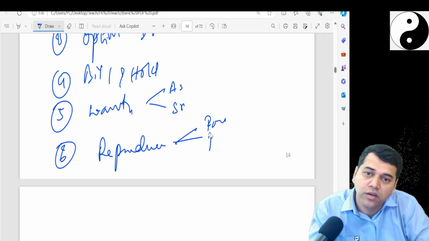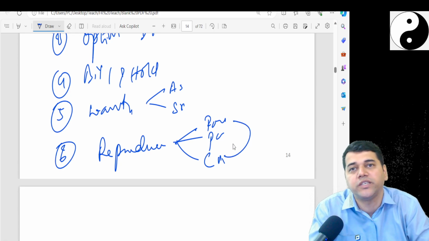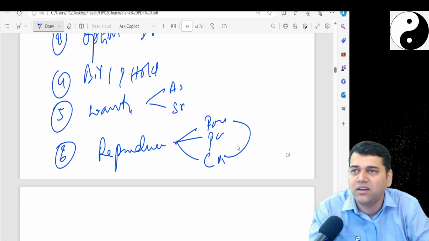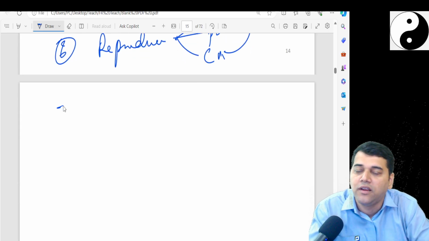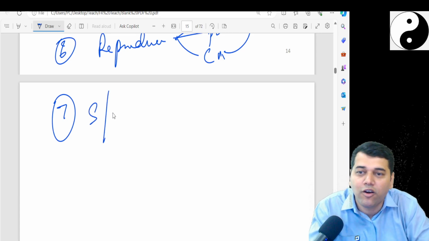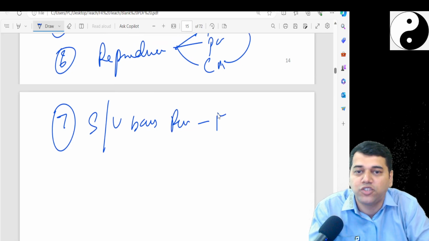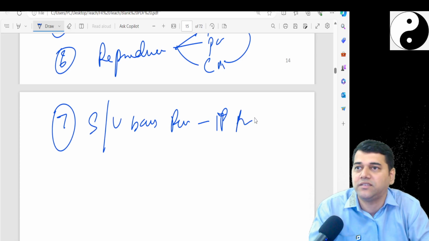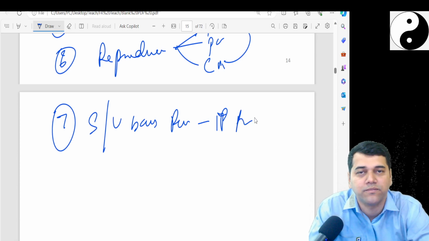Forward, put option, call option. Where call option and put option either is a lease or financing. Put option depends whether it is a sale with the right to return. And the last beautiful concept is the sale or usage based revenue for intellectual property rights. And we ended up with that question. That was the last question we solved.